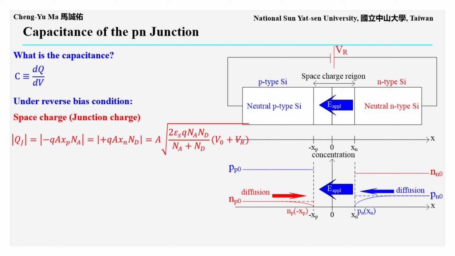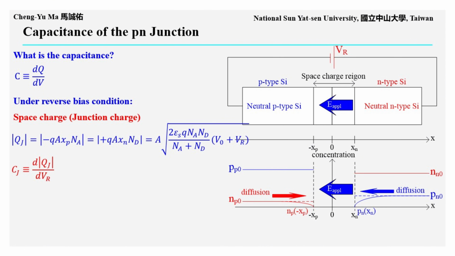As introduced earlier, the amount of space charge shown here is proportional to the square root of V0 plus VR. V0 is the built-in potential and is independent of bias. From the equation, we can see that when the reverse bias VR increases to VR plus delta VR, the junction charge Qj increases. This is because the width of the space charge region becomes wider as the reverse bias increases.